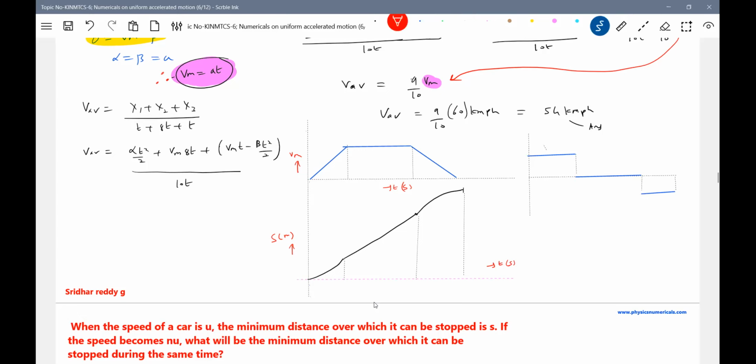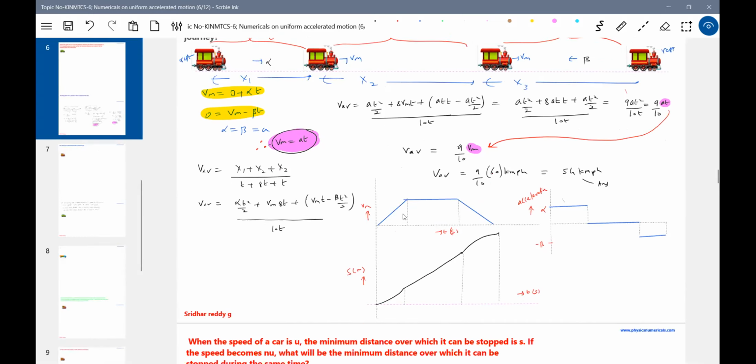This is acceleration. Accelerated motion, retarding motion. Acceleration 0 means uniform velocity motion. I show the complete description of the problem.